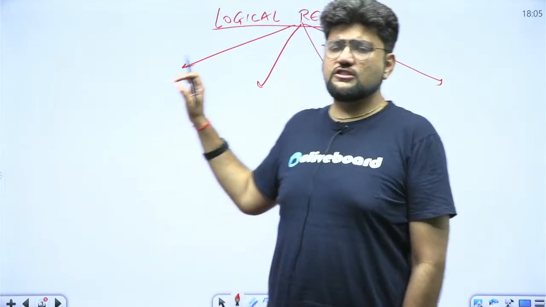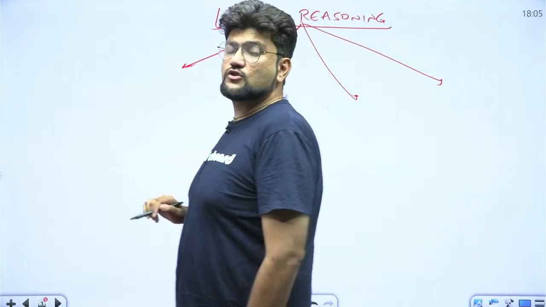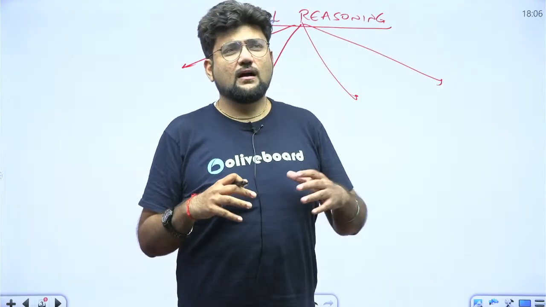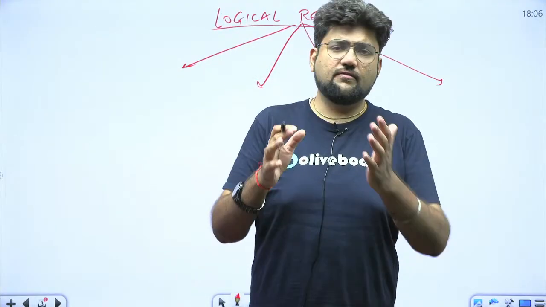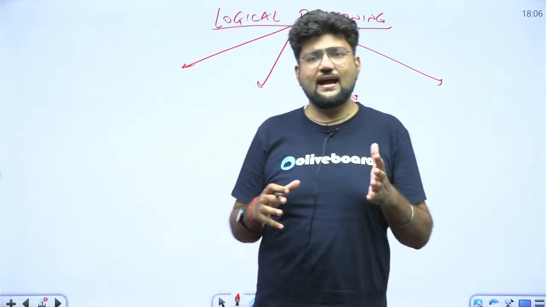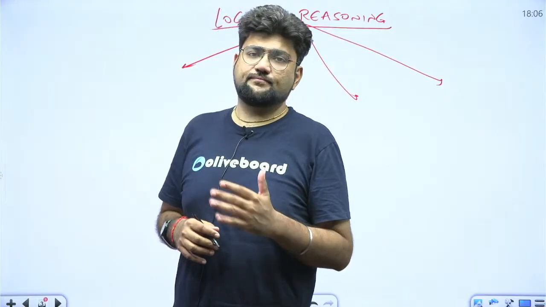If I categorize logical reasoning into 4 major types of questions, the first kind will be those questions where a certain data is given to you. You read that data, you read that information, and you identify the hidden logic or pattern behind it.